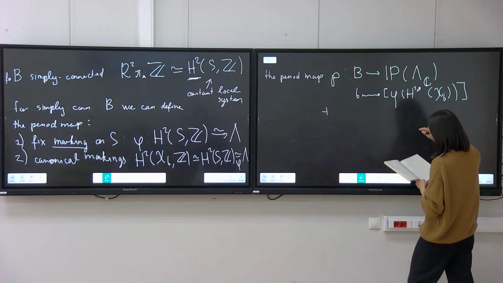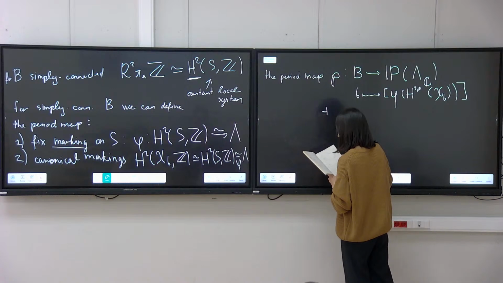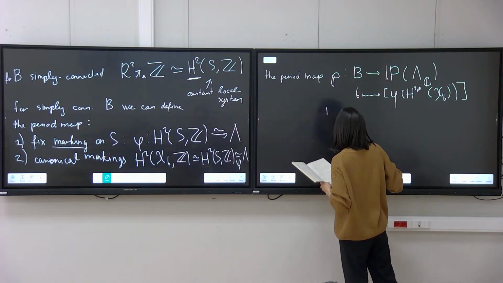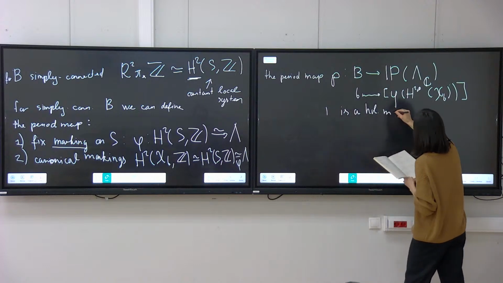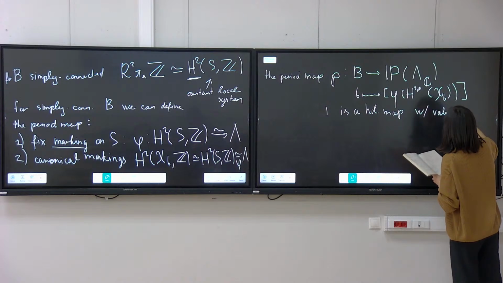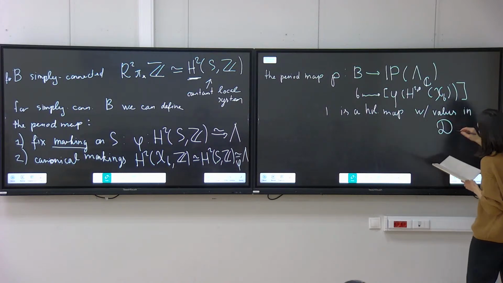So we have this map, and we have discussed last time that this is a holomorphic map with values in the period domain.